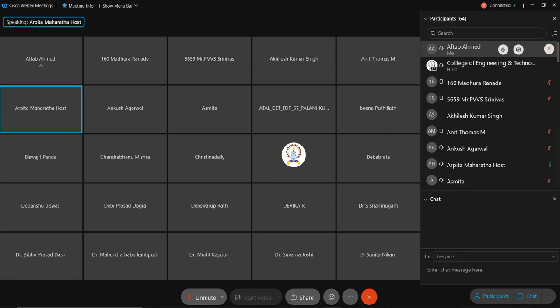This session's topic is application of AI and ML for visual surveillance. For this discussion, we have with us one of the eminent speakers from IIT Bhubaneswar. He has a brilliant career with a PhD in computer science and engineering from IIT Kharagpur. Also, he has completed his MTech in computer science and engineering from IIT Kanpur.